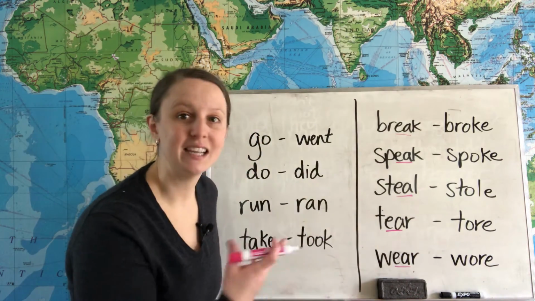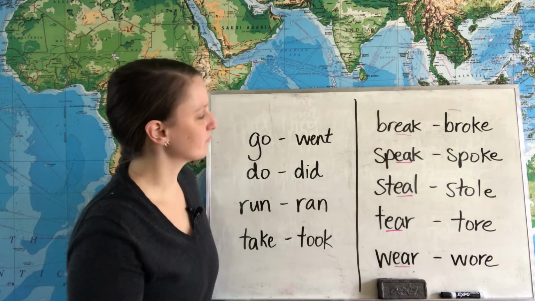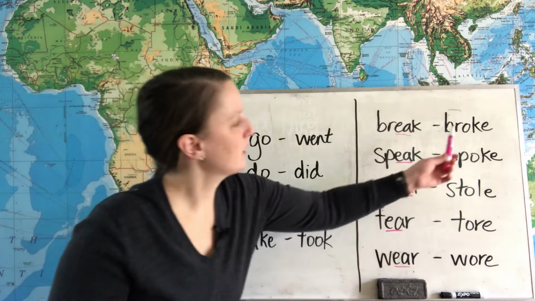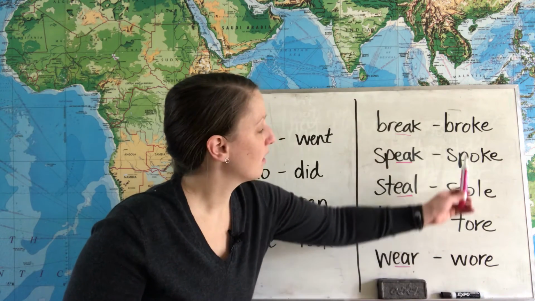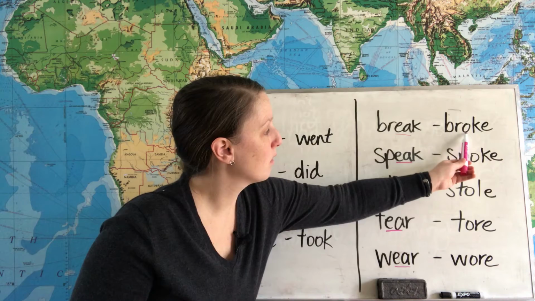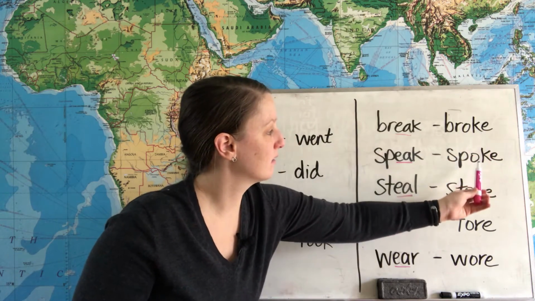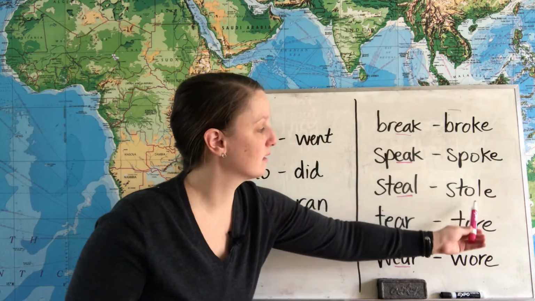They all have that EA spelling. And when you look at their simple past forms, they all have an O and silent E.